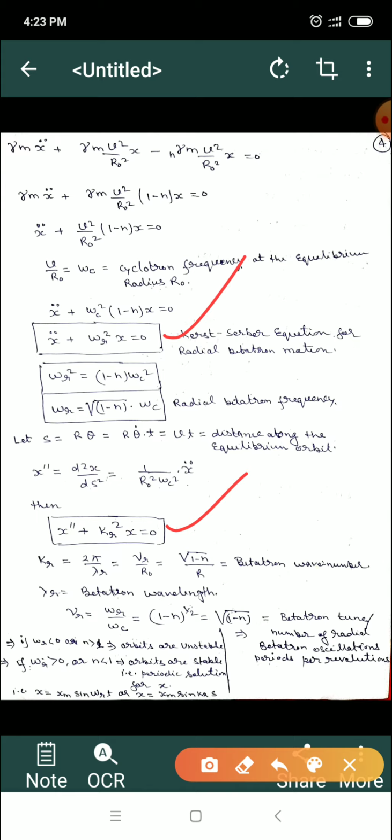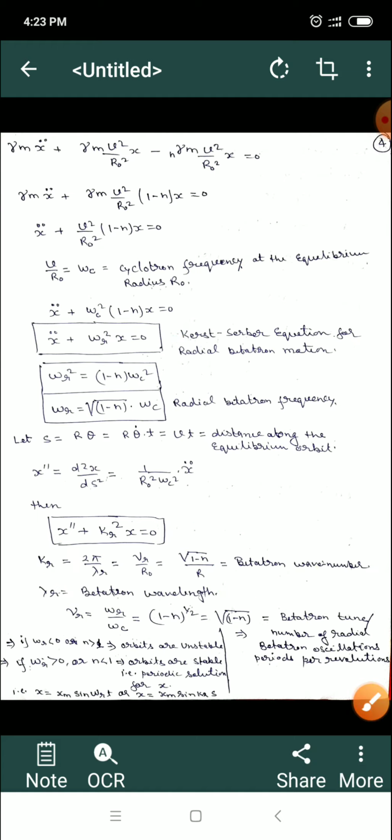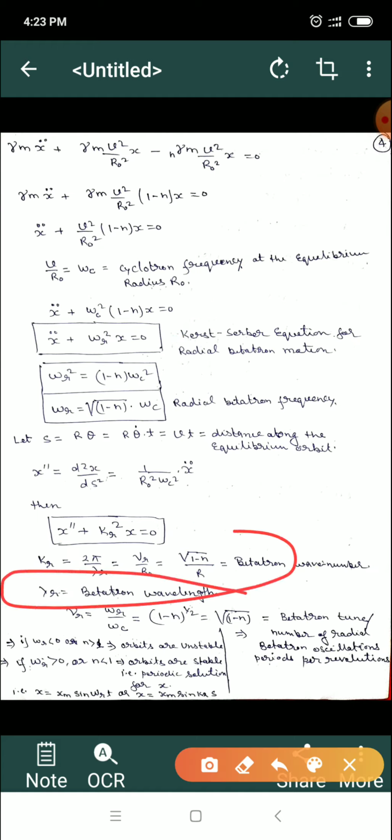Here kr is equal to 2 pi upon lambda r, which equals nu r upon r0, which equals under root 1 minus n upon r0. This kr is known as the Betatron wave number, and lambda r is known as the Betatron wavelength.